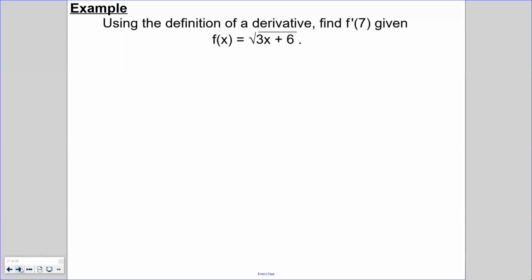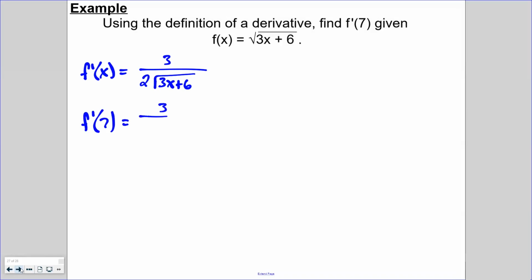All right, so from the previous slide, we found out that f prime of x is equal to 3 over 2 times the square root of 3x plus 6. And we just want to find f prime of 7. So we'll just do a substitution here to give us 3 over 2 times the square root of 3 times 7 plus 6, which will end up giving us 3 over 2 radical 27.